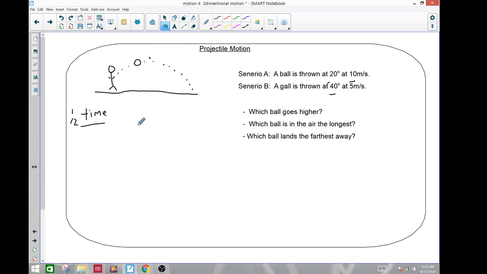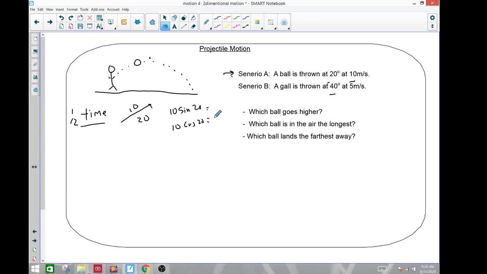Again, it's the y component. Let's take our angle, and let's just do A here for a second. Scenario A says I have a 20-degree ball thrown at 10 meters per second. So it's going to be 10 times the sine of 20 and 10 times the cosine of 20.